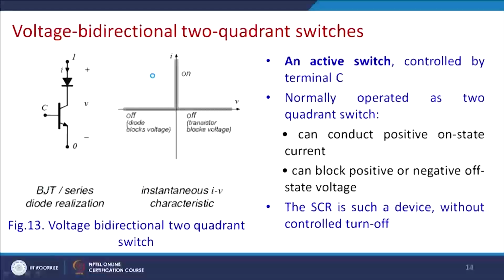Now, let us talk about the bidirectional voltage and two quadrant switch. Here voltage can be bidirectional, this way as well as this way, but current is unidirectional. This is realized by two one quadrant switches.